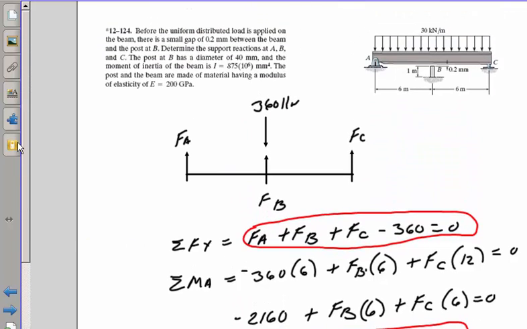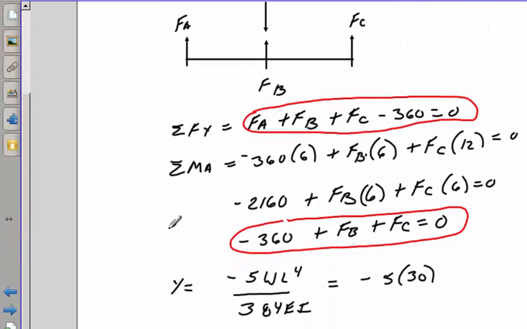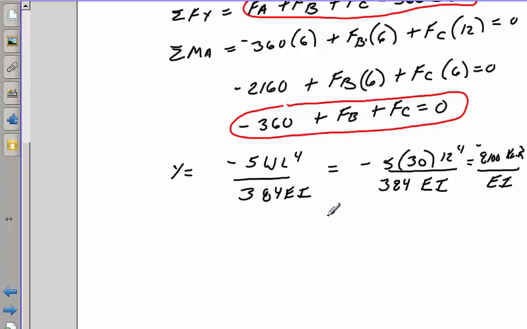Our length of the beam is 12, so we're going to take that to the 4th power, over 384 EI. That's going to give me 8100 kilonewton meter cubed over EI, and again, we'll make that negative here. So that's Y due to the distributed load.